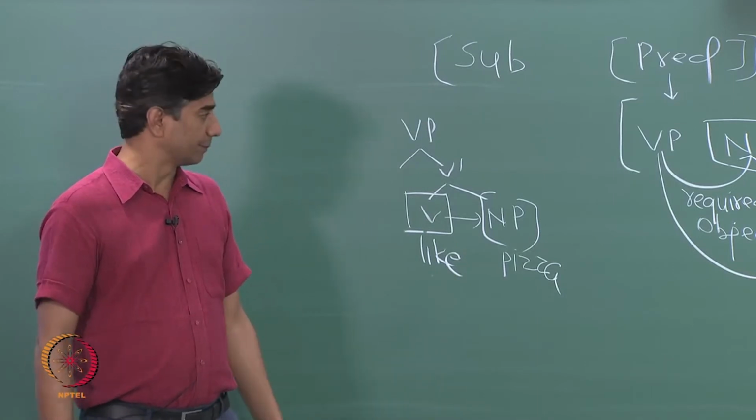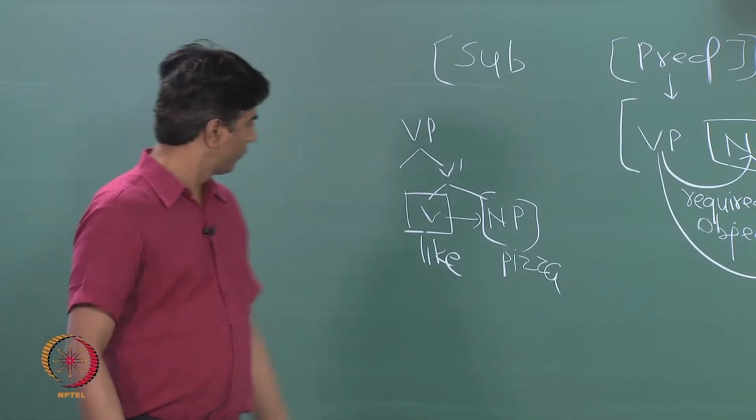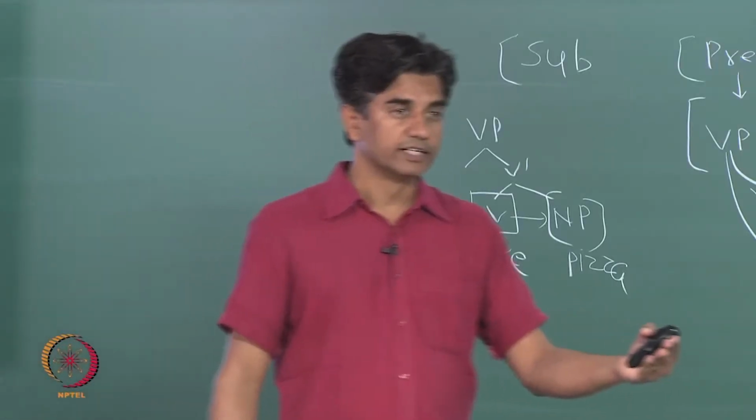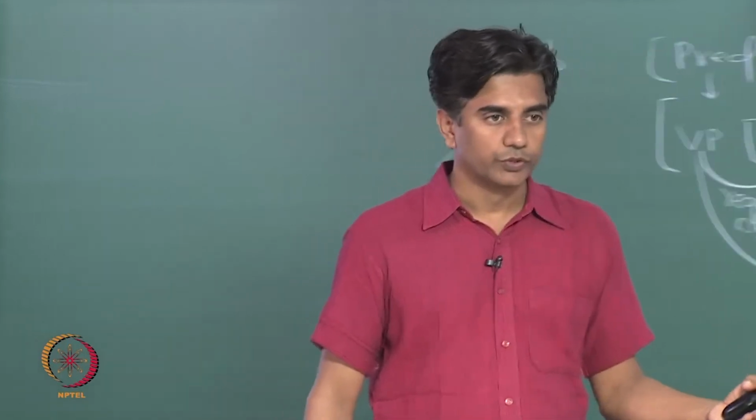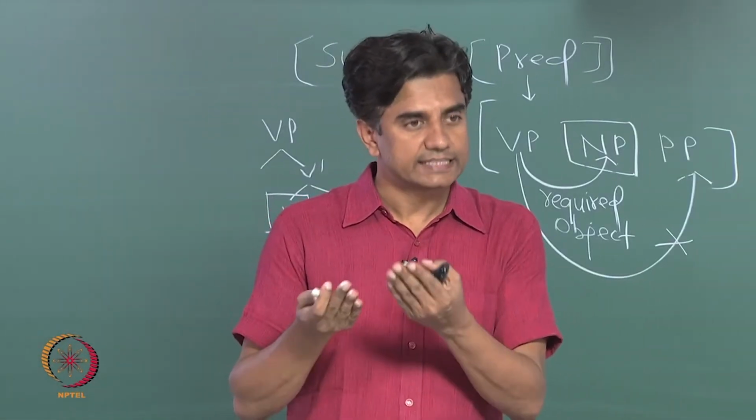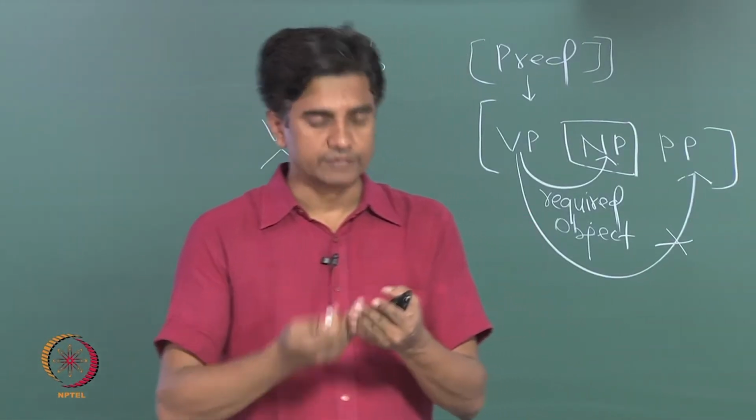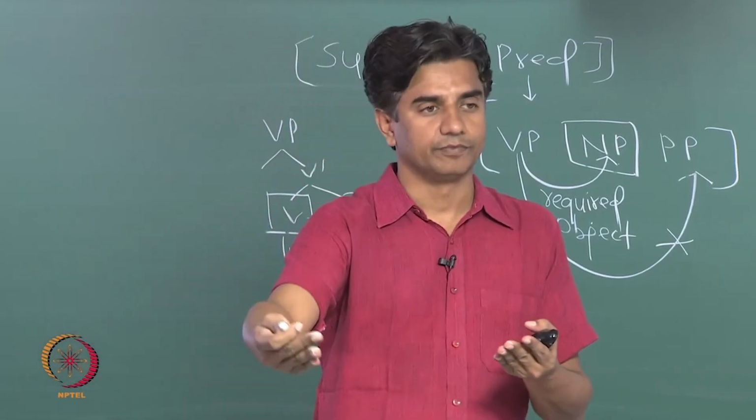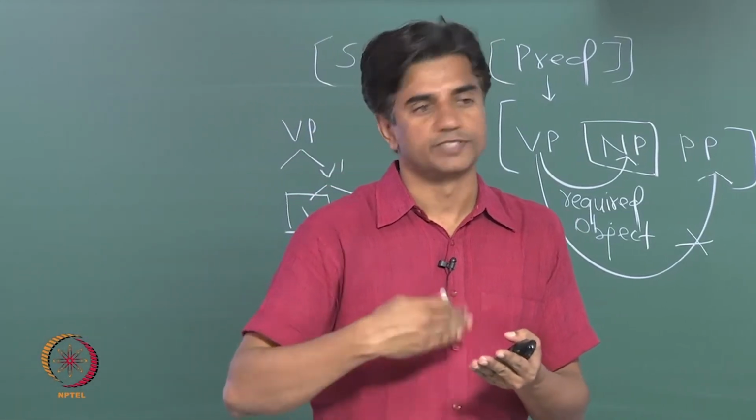Go ahead, speak up loudly. It's bound to have an object, right? That's right. Then what is the point of defining something like sub-categorization? If we want, it's bound to have an object, which is true. So this is what I am saying. We can say the same thing, that this verb has an NP pizza, which is the object of this verb.